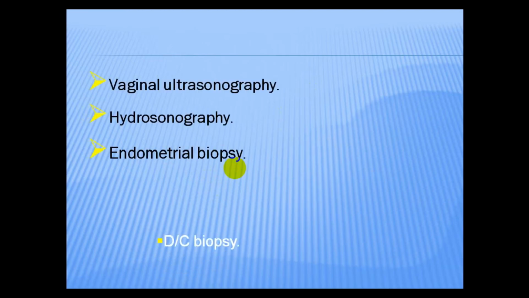Diagnostic tools: vaginal ultrasonography, hysteroscopy, hydrosonography, and endometrial biopsy, including dilatation and curettage biopsy, office biopsy, or hysteroscope-guided biopsy, and this last one is used as both therapeutic and diagnostic.